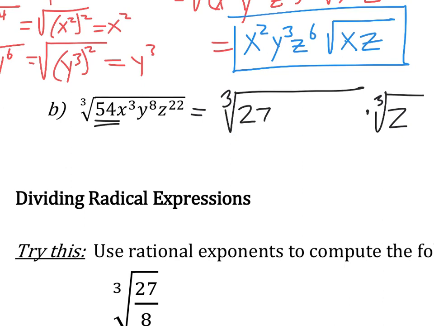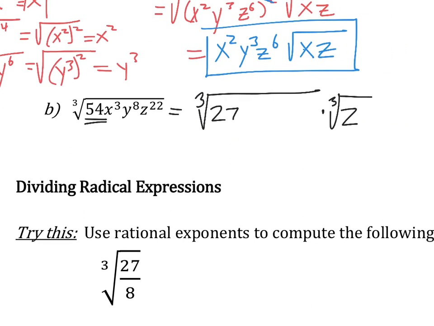So we're going to write two radicals as a product. We've got 27 times 2. We've got x cubed right here. We can take the cube root of x cubed. We can do that.